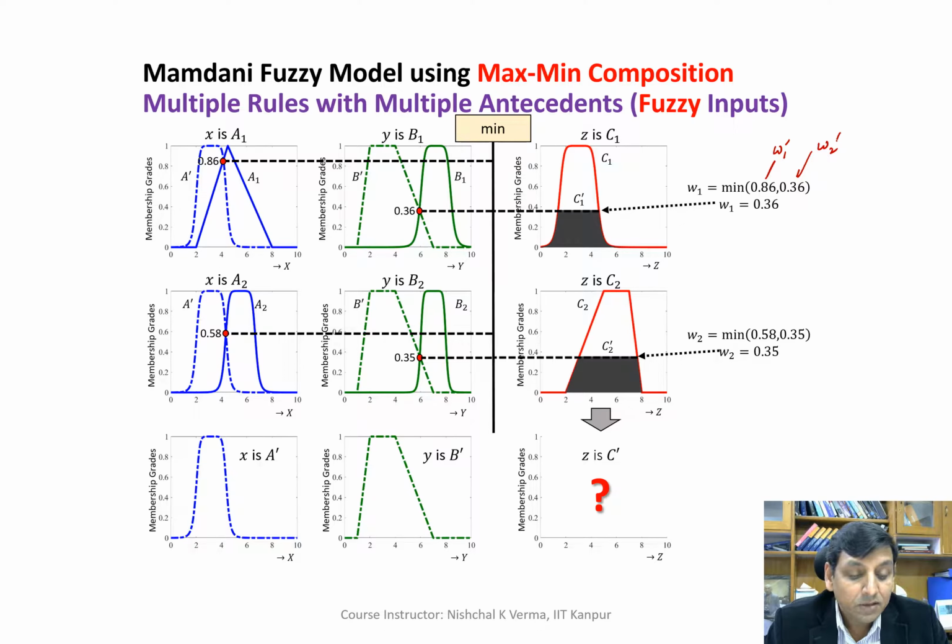Alright, so w1 is coming out to be 0.36, and again we use this w1 to truncate c1, and this is the fuzzy output corresponding to the fuzzy inputs, the fuzzy output from rule 1.